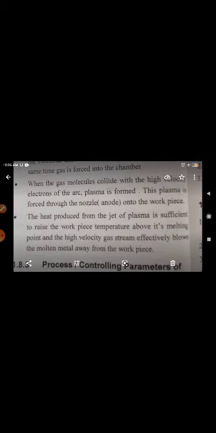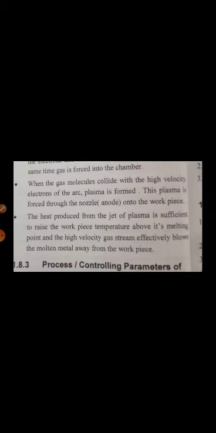The heat produced from the plasma jet is sufficient to raise the workpiece temperature above its melting point, and the high velocity gas stream effectively blows the molten metal away from the workpiece. You can see over here that this high temperature plasma melts the workpiece and blows out the molten material so as to clean the work surface.